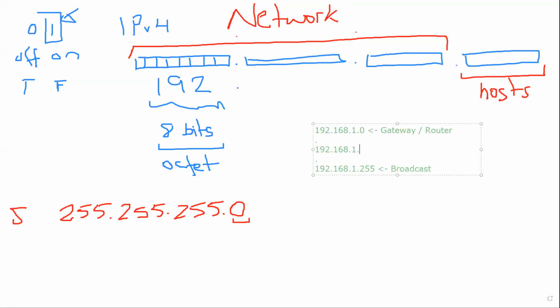Anything in between will be used as host addresses. How many hosts can we have in a network like this? 254. Is that right? I'm guessing 254 because we can't use 255 and we can't use 0. Yes.